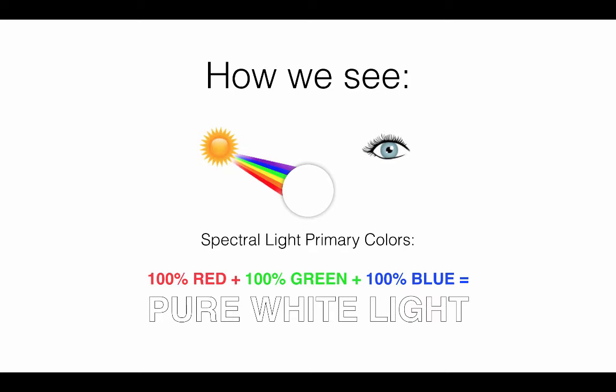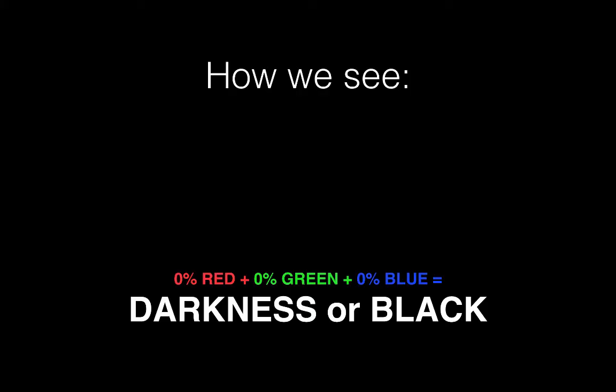That leads me back to the point that I already made, but I'll reiterate it. Whenever you have red, green, and blue all at 100% strength coming together, you're going to have pure white light, and that's why it's referred to as additive primary color: all of those things added together give you pure white light.